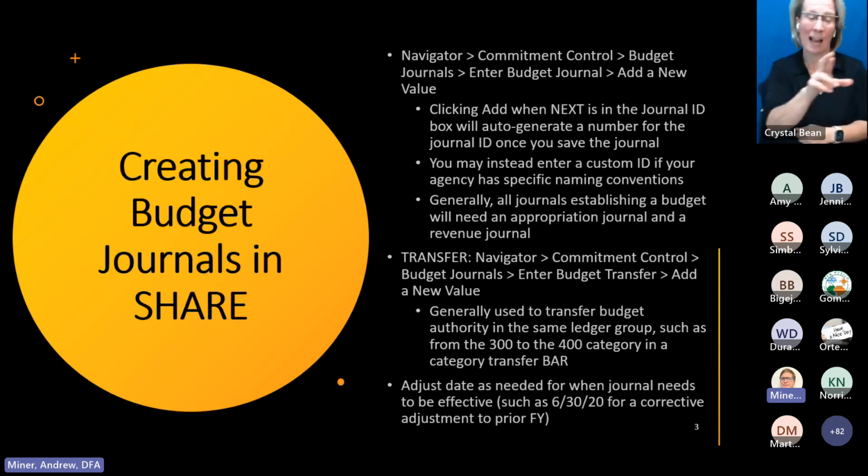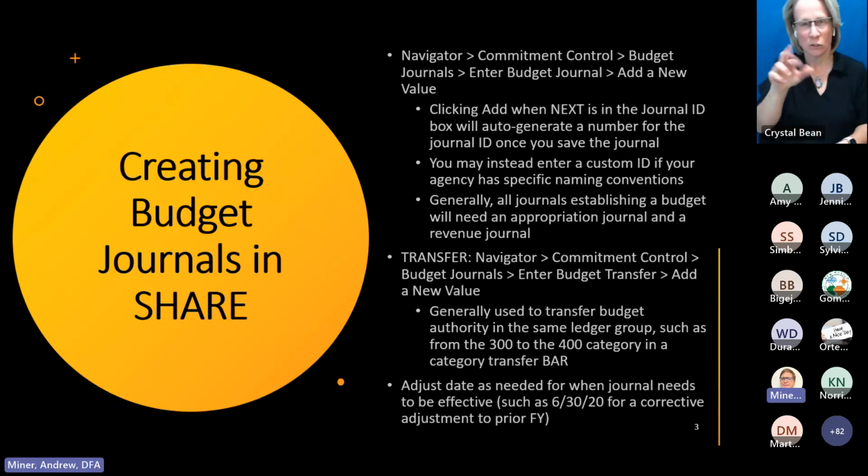Now, if you are going to do a transfer journal, the route to get there is slightly different. Instead of enter budget journal, you go to enter budget transfer. You see that there. And again, remember, these are used to transfer budget authority in the same ledger group. So for those category transfer BARs that we talked about yesterday afternoon, you're going to do a budget transfer journal.